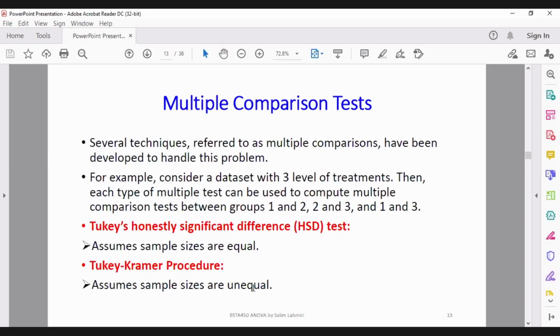If your various experiments have similar sample sizes, then use Tukey's honestly significant difference. Otherwise, use the second one.